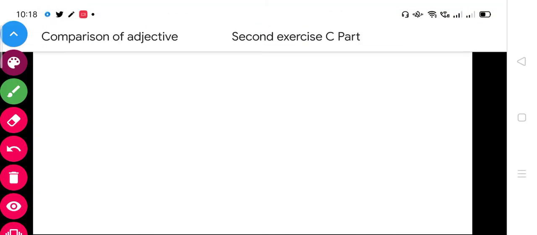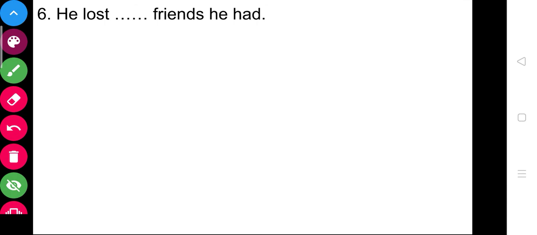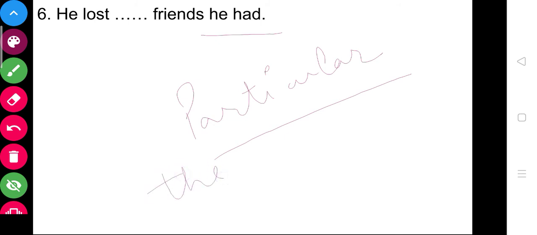Okay, so now: he lost dash friends he had. That means he had particular friends. For particular, what we do is, as an article we use the. For a particular thing. So he lost the few friends.